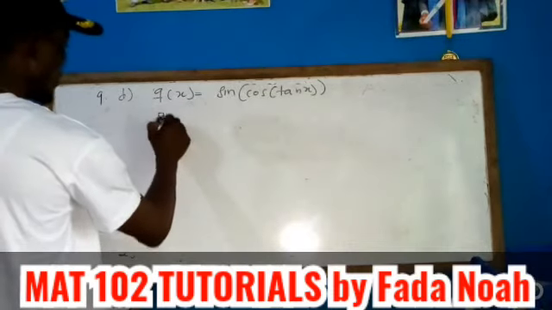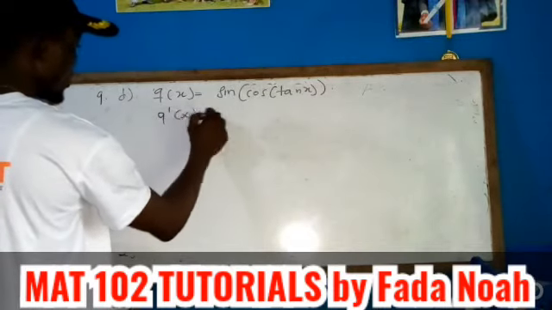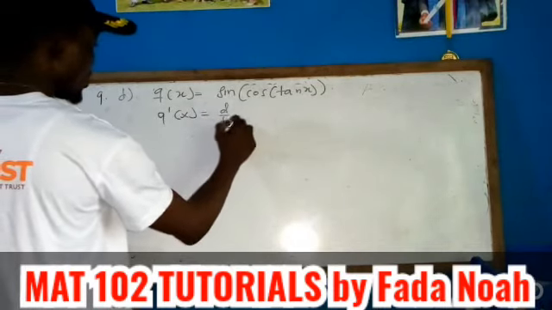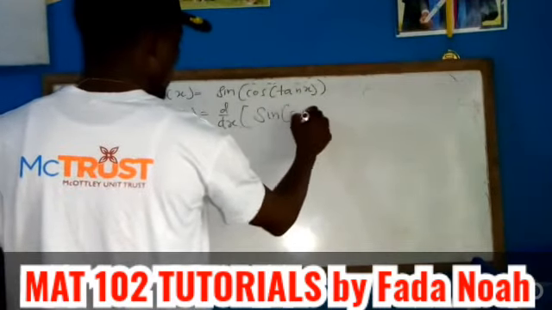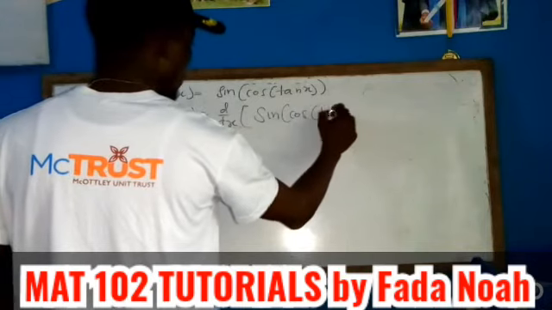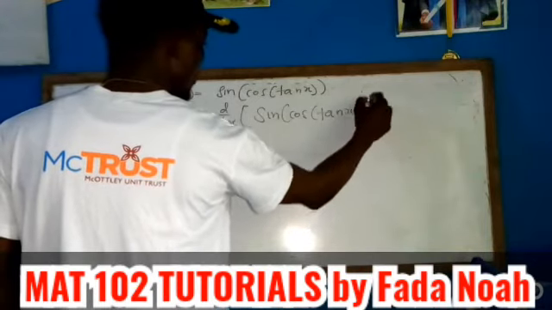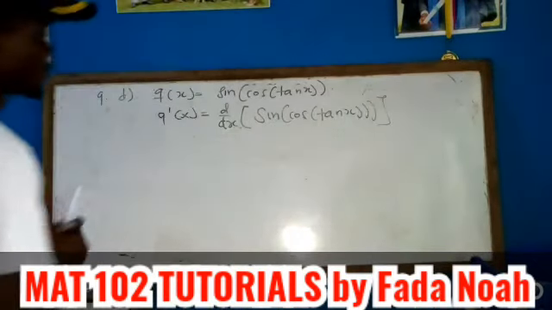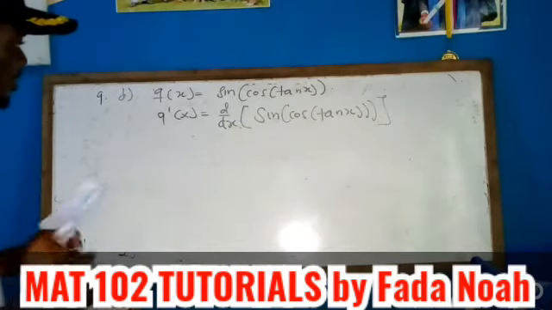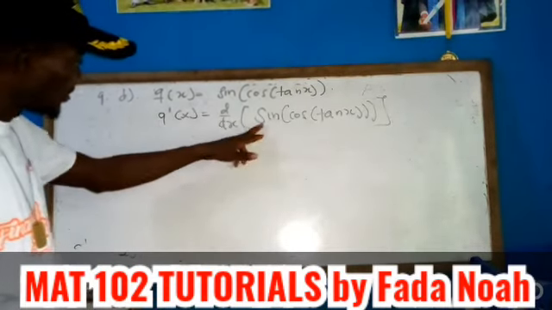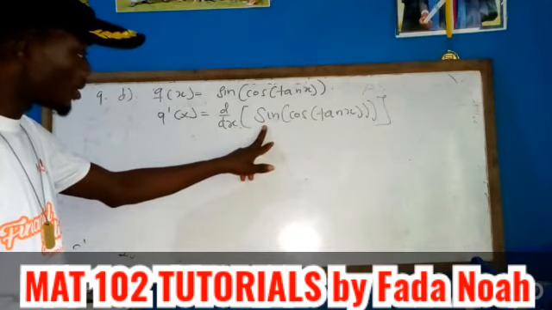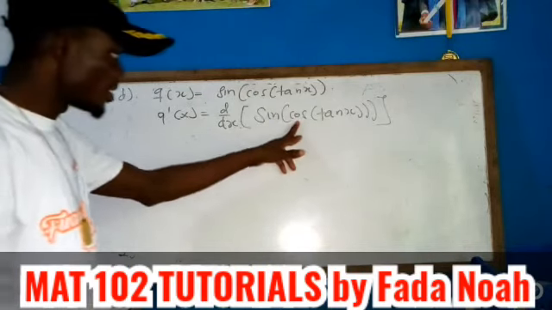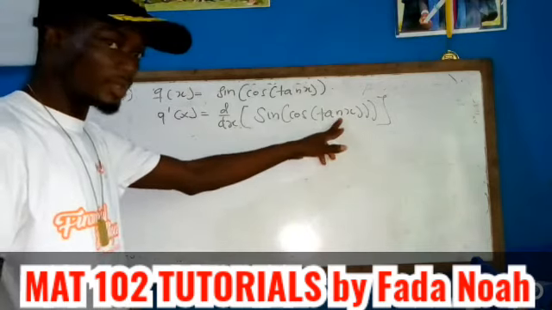So our Q prime of x is equal to d dx of sine of cos of tan x. Okay. So firstly, we differentiate the first function, we get cos, then we differentiate the second one and the third one.